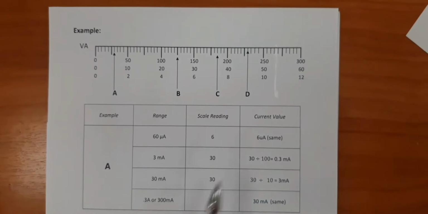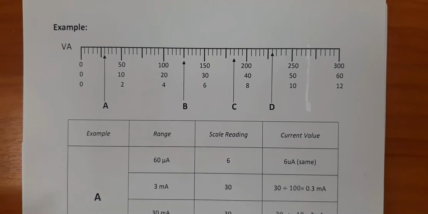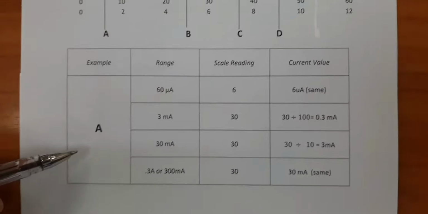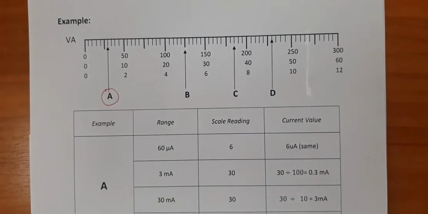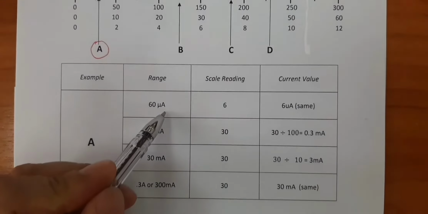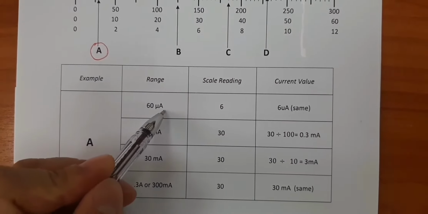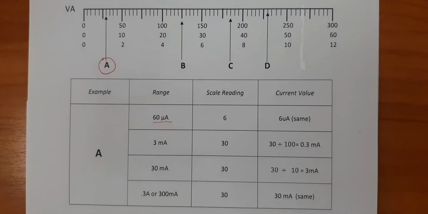Okay, take a look at this scale. We have an example of letter A, wherein we will focus our study. First, we use the range of 60 micro.